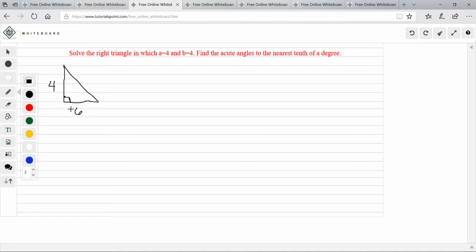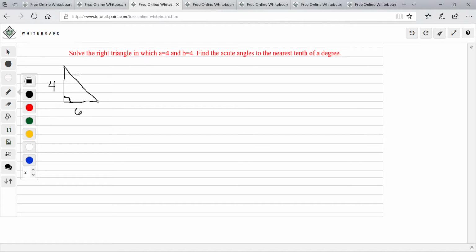So it says find the acute angles to the nearest tenth of a degree. So over here, we don't know these two angles.